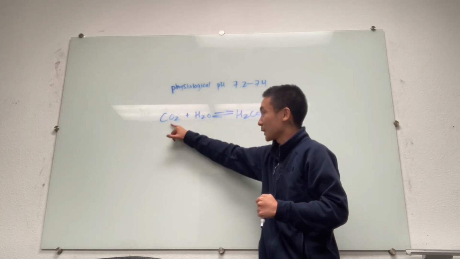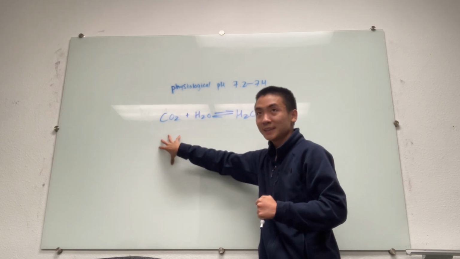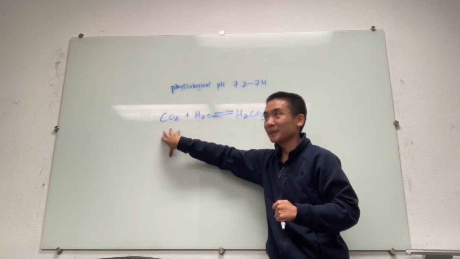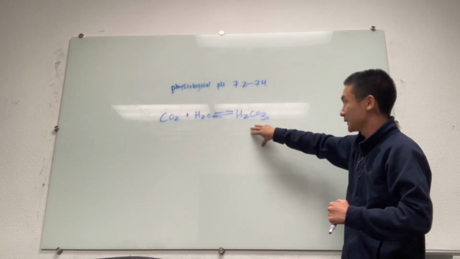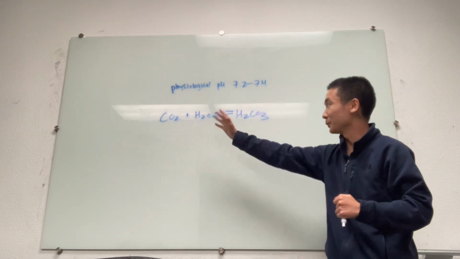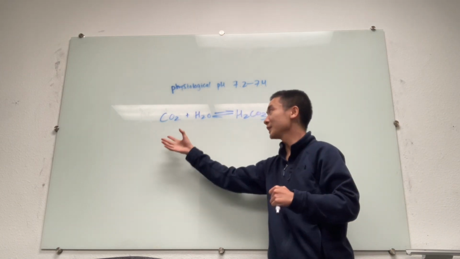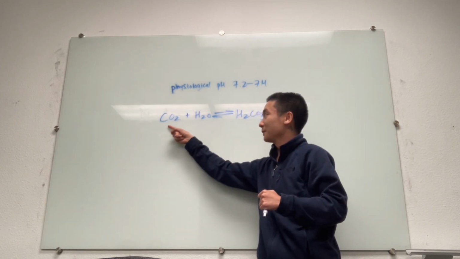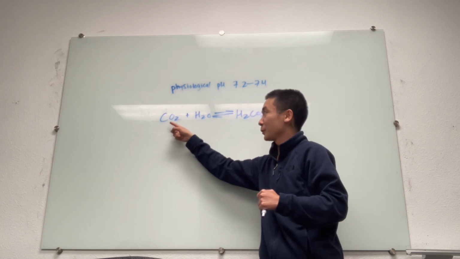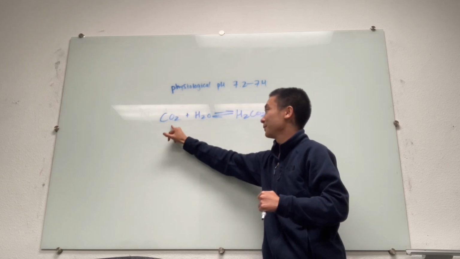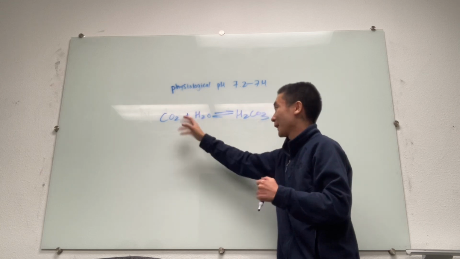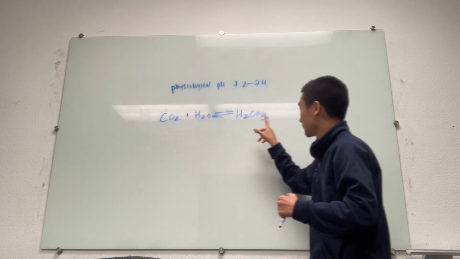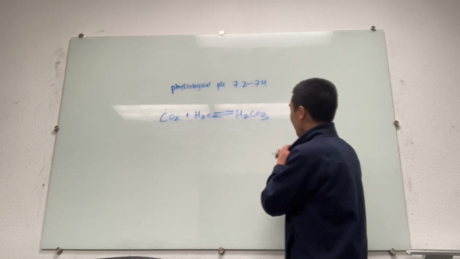If we increase the carbon dioxide on the left side of the reaction, we want to use that extra reactant and convert it into a product, right? To balance it out. You can think of it as we have more carbon dioxide to convert to carbonic acid right here, right?